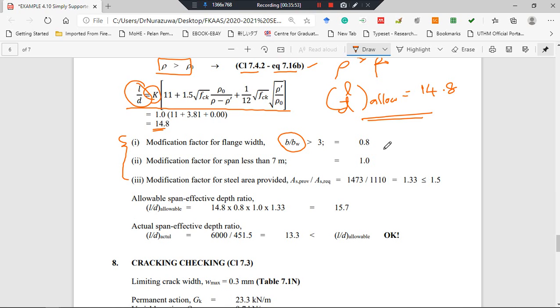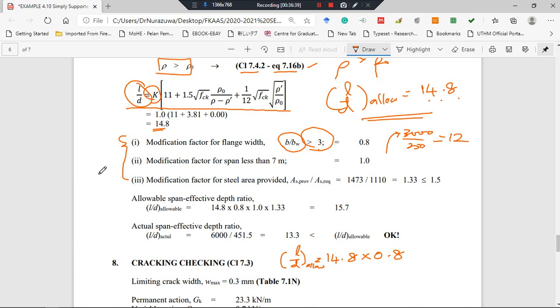In this case, our b is equal to 3000 divided by 250, so b is equal to 12. 12 is more than 3, thus you need to modify 14.8 by multiplying with 0.8. So this is the L over D allowable.